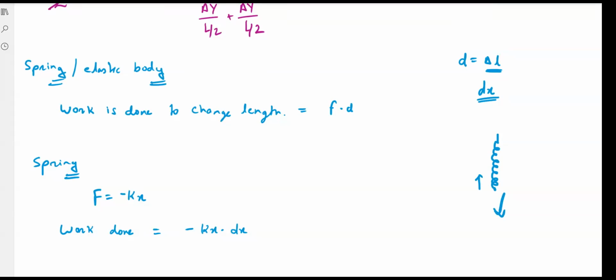So what is the angle between this displacement and force? 180 degree. So dot product को हटाओगे तो cos 180 आएगा. Minus kx dx cos 180 degree, and what is the value of cos 180 degree, -1, so it is just kx dx, right, है ना, for expansion.